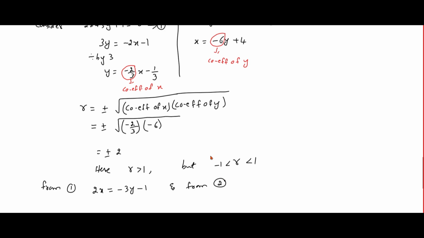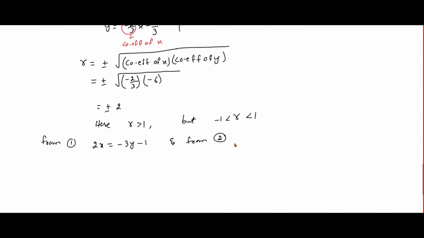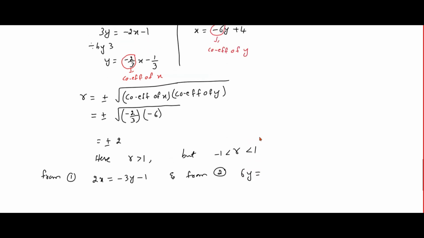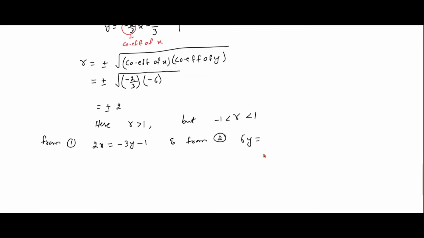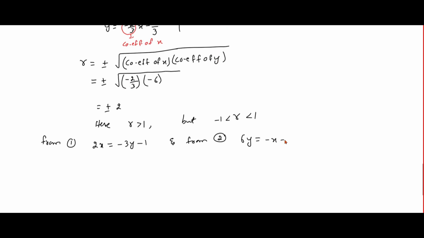So what do you get from equation 2? 6y is equal to minus x plus 4.